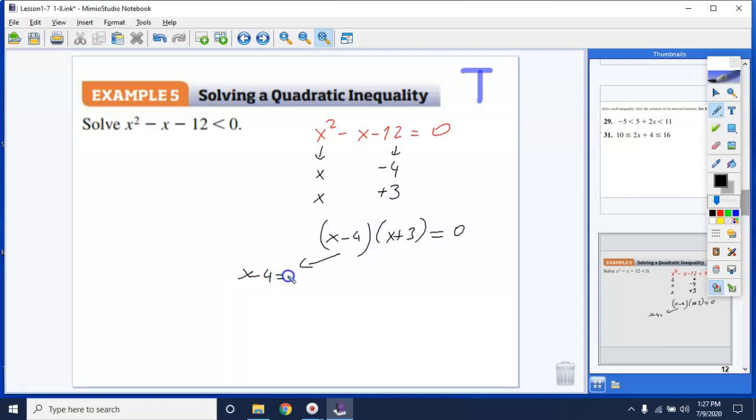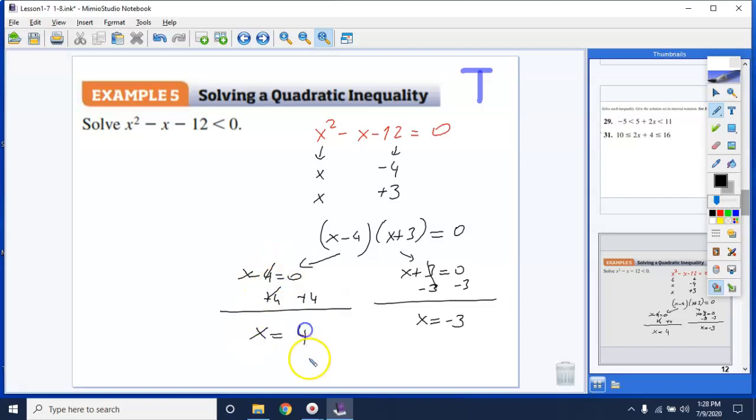X minus 4 equals 0, and x plus 3 equals 0. So minus 3, these two cancel. X equals negative 3, and then here plus 4, these two cancel. X equals 4.